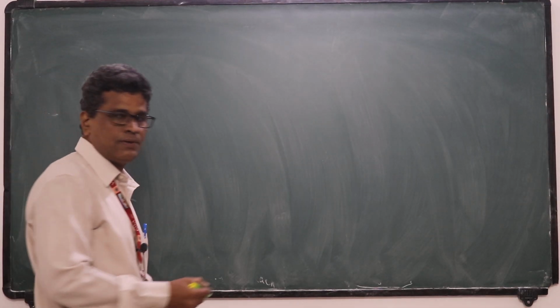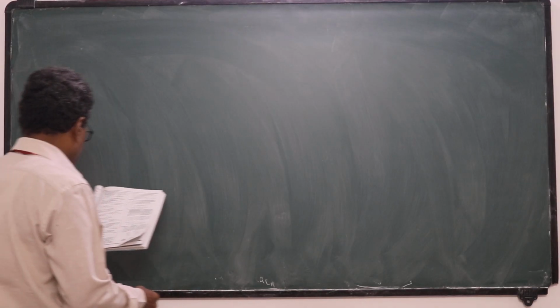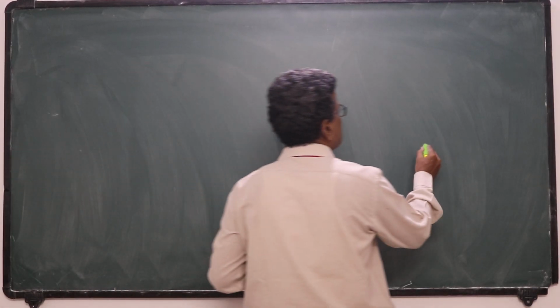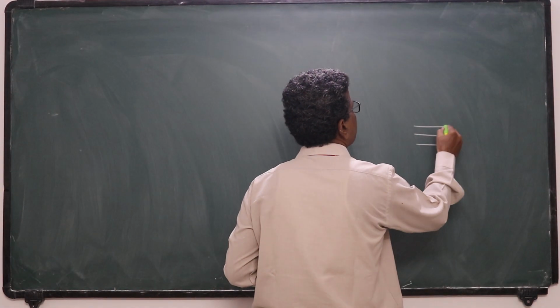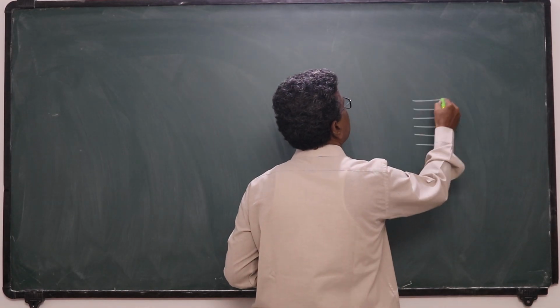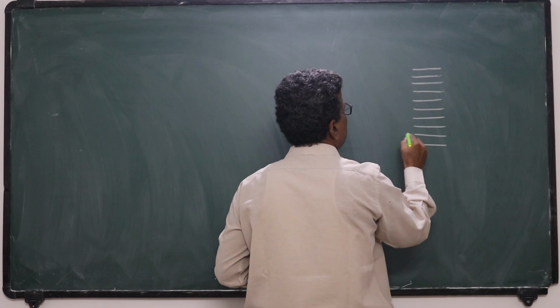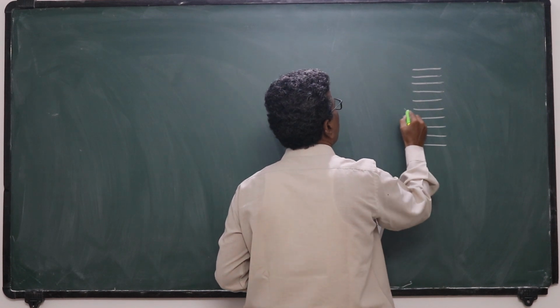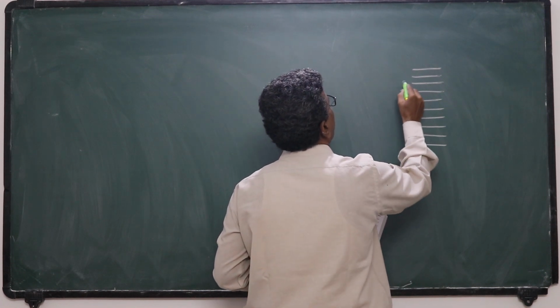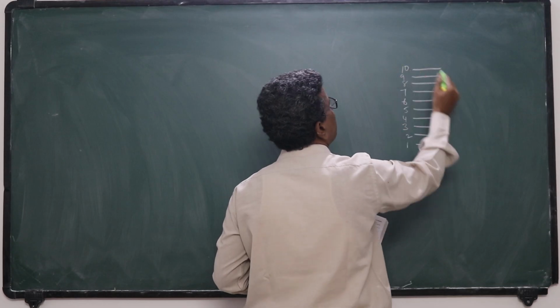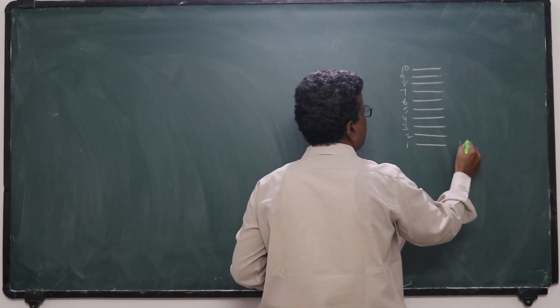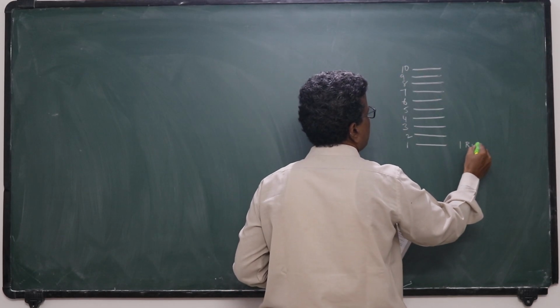Next example. There are 10 one rupee coins placed on one another. 1, 2, 3, 4, 5, 6, 7, 8, 9, 10. What is this? A one rupee coin.